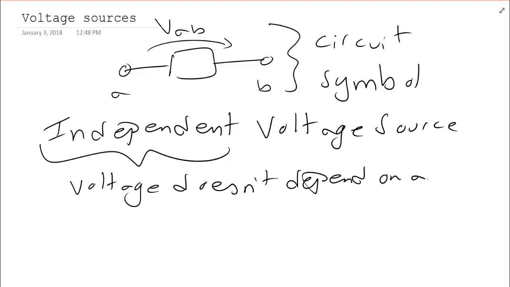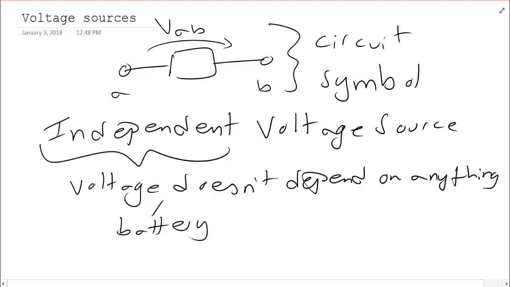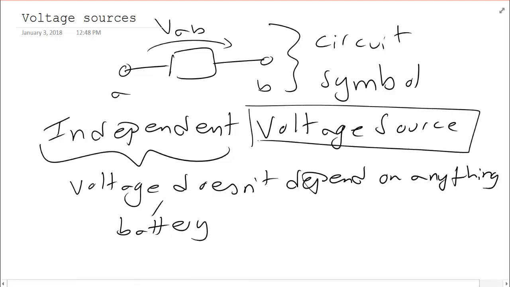So, things like a battery would be an independent voltage source. Its voltage is, say, 9 volts, whether there's something attached to the circuit or not. That's why we call them independent voltage sources. We typically shorten it to just voltage source when we mean independent voltage source, because these are extremely common, and most circuits have one.